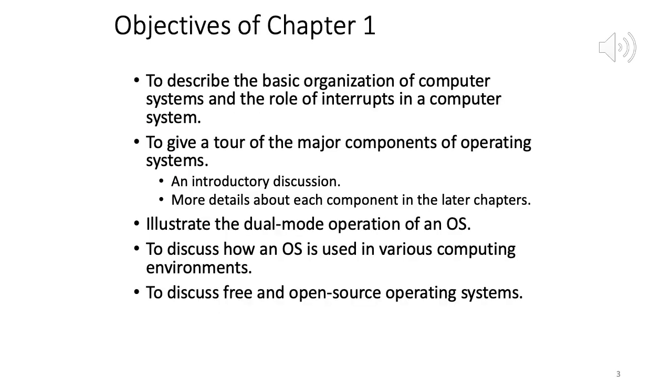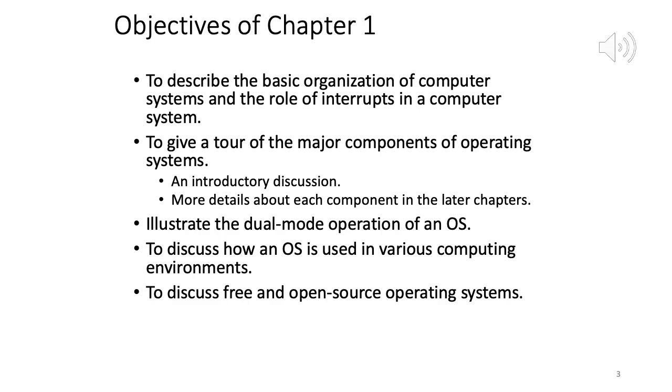Now I am on slide number 3, and the title of the slide is Objectives of chapter number 1. Each chapter will have a list of objectives associated with it. So what are the objectives of chapter 1?